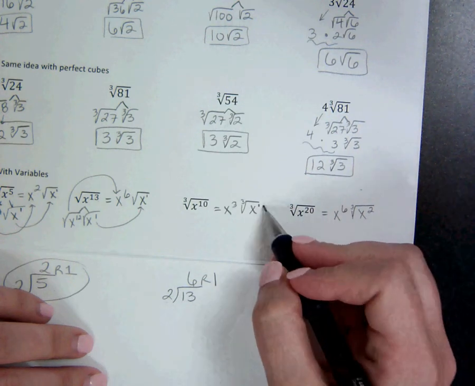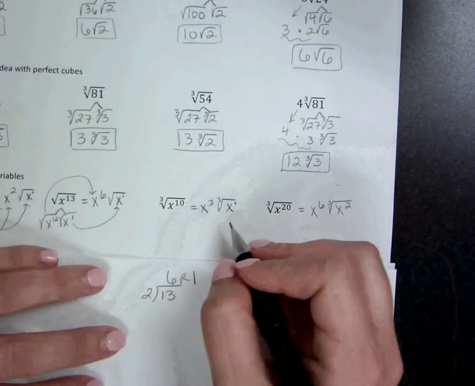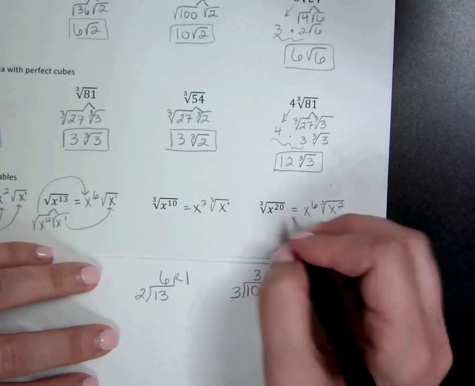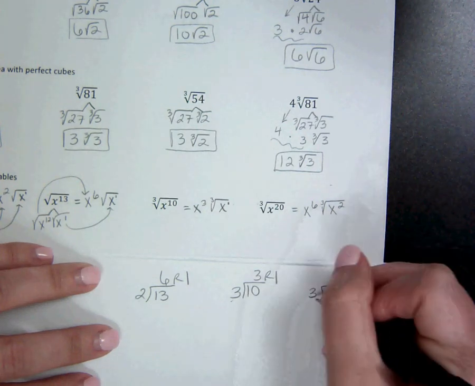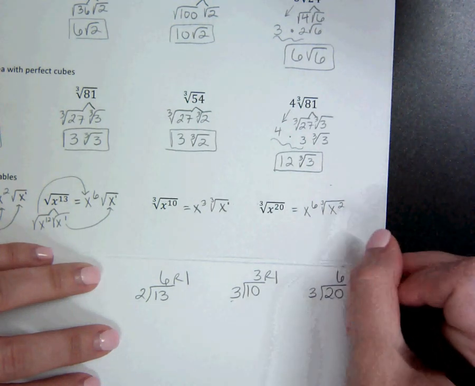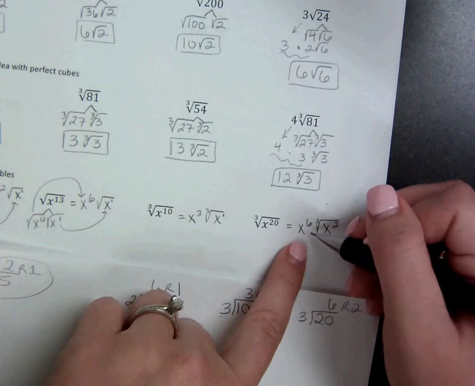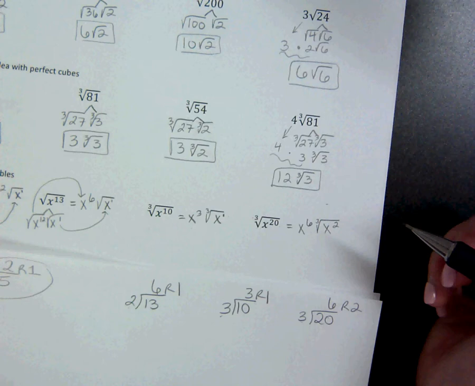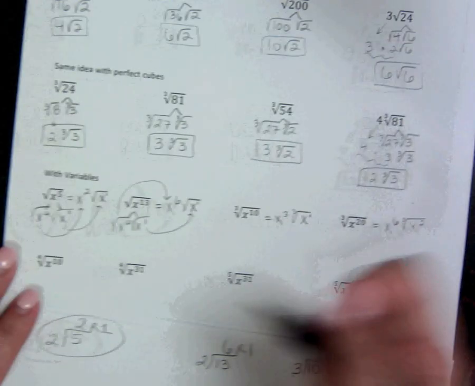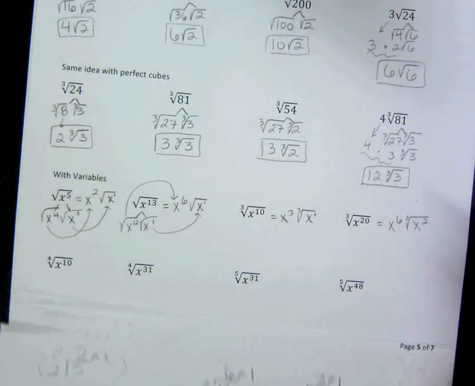And 1 left over. Sorry about that, I had a brain pause. And then the last one, 20 divided by 3. 3 goes into 20 6 times with 2 left over, so 6 is on the outside and 2 is left over in the radical. So if you're getting the hang of that, go ahead and try these bottom 4.